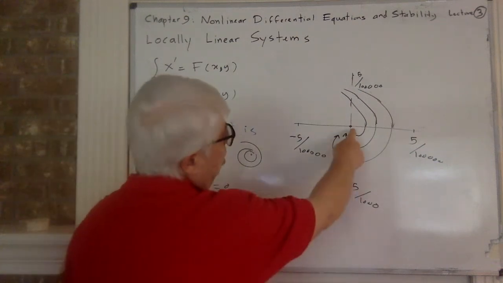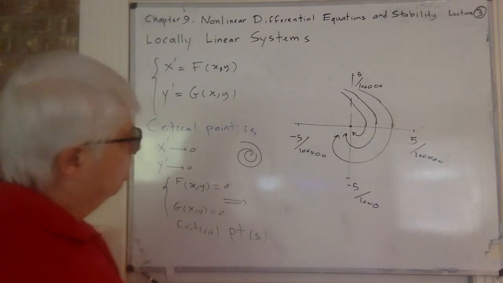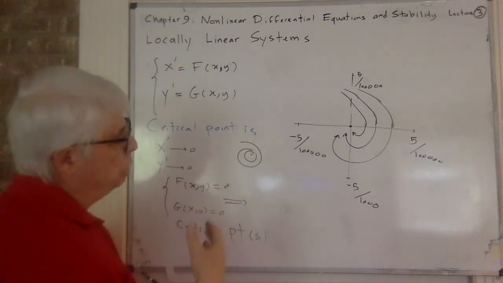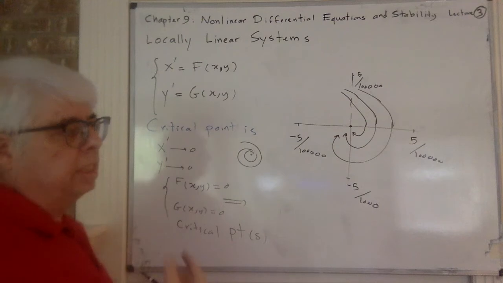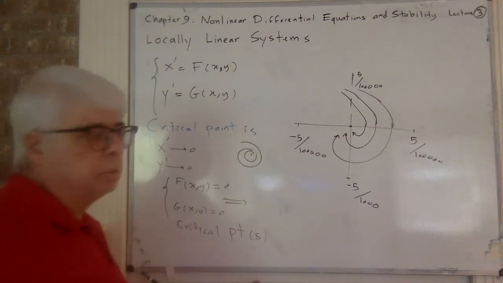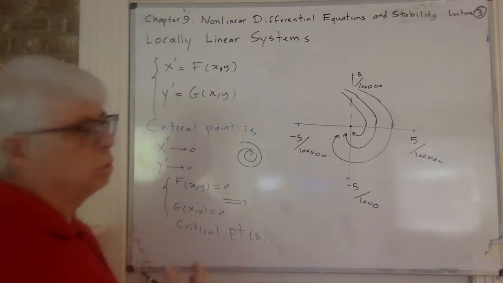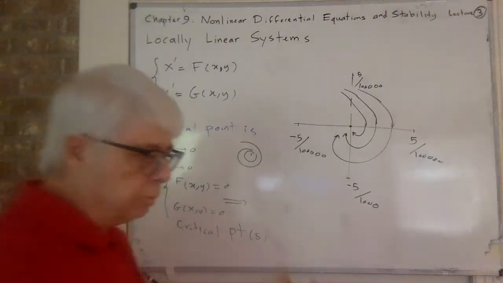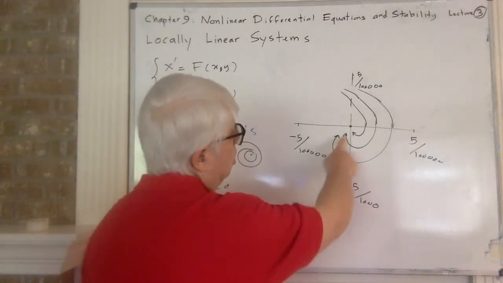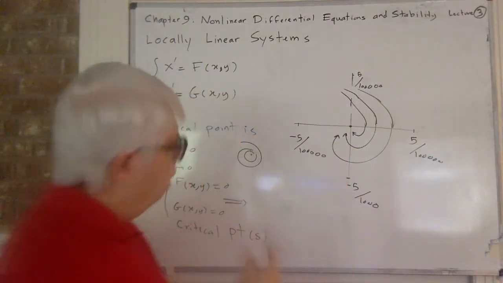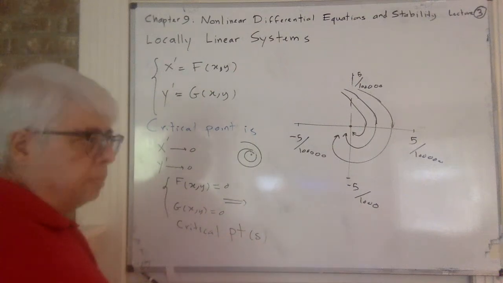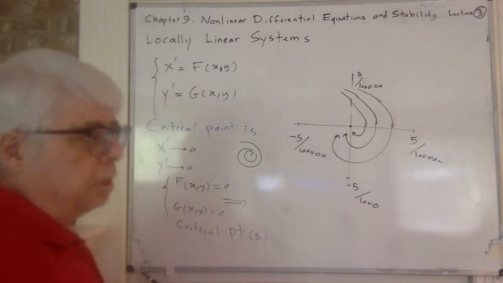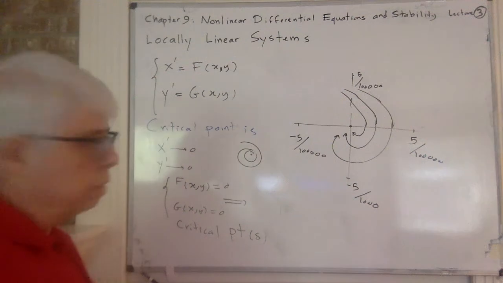Well, when we get closer and closer to this, the higher order terms in x and y just vanish because they are too small. I will show you why they get small. They vanish, and the only thing that remains is the linear part of the equation.